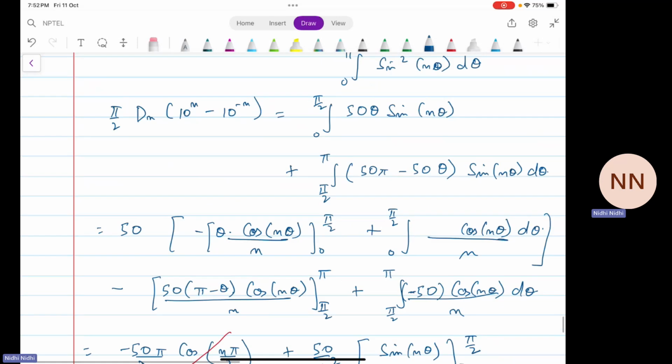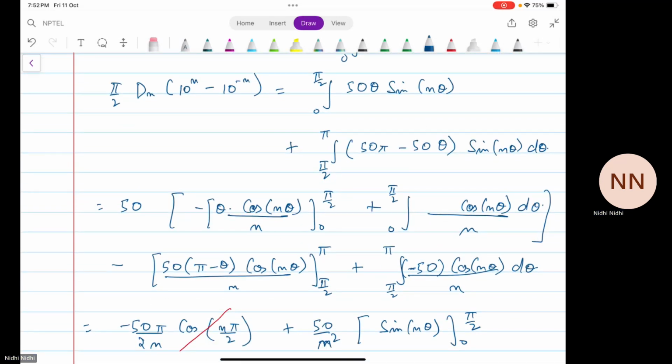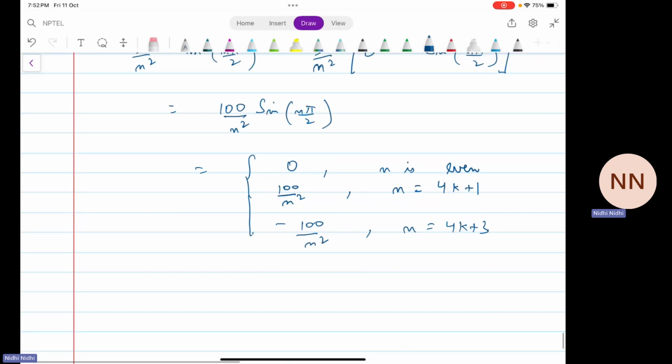So from here we get d_n. We get d_n is equal to 0 when n is even.